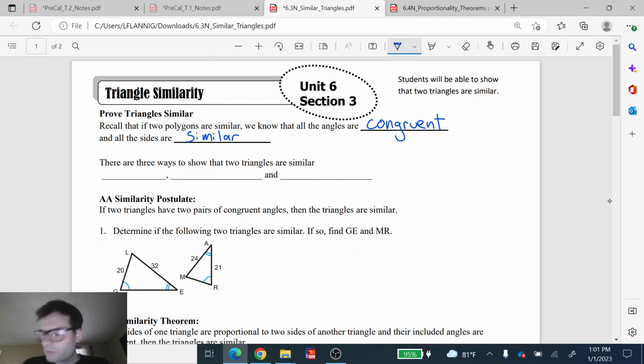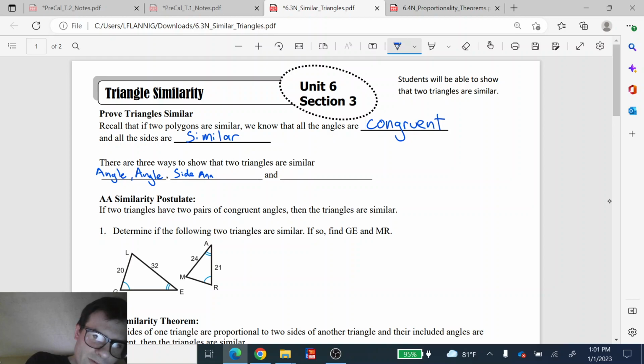So the first thing we'll say is there are 3 ways to show that 2 triangles are similar, and here are your 3 ways. There's angle, angle, knowing that 2 of the angles are the same. Another is side, angle, side.